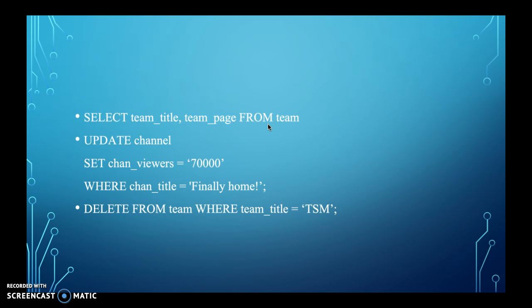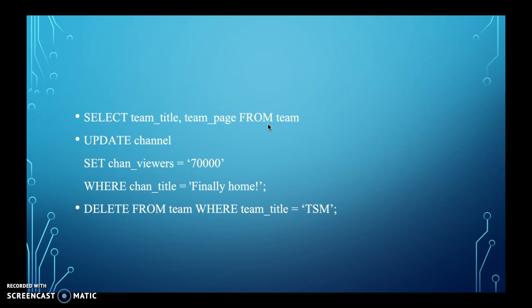Another example: we already put the values in the table, but you want to update the value. For example, here we want to update the number of viewers in the channel table.